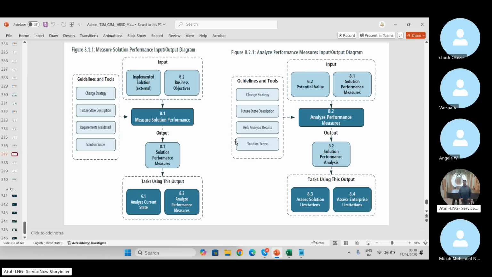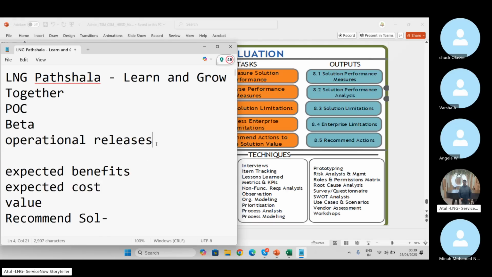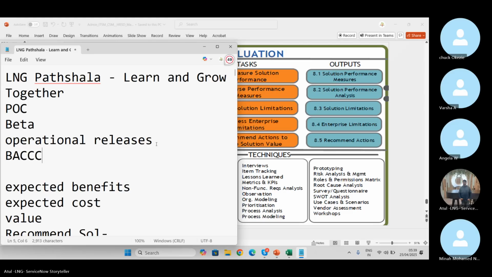So in this, the first step is measure the solution performance. Now, how do you measure it? In this part, what does the BACCM say? What is a change? Change is a recommendation about a solution. What is the need here?